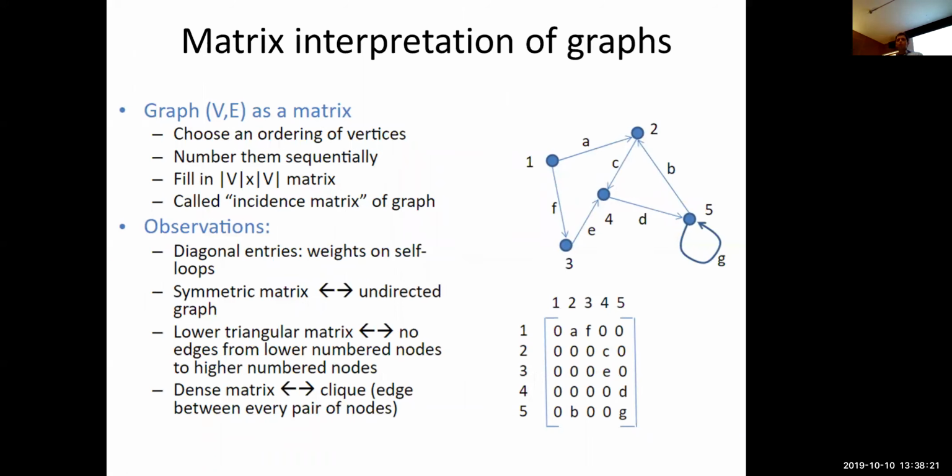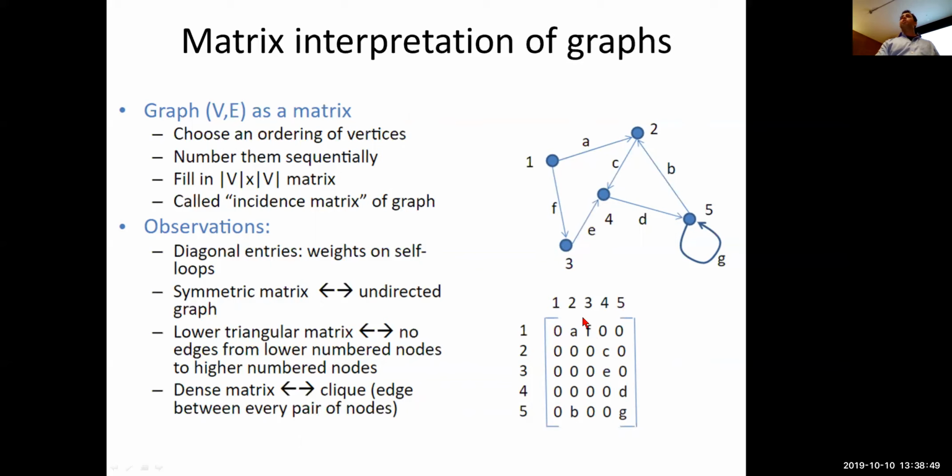So as I mentioned earlier, we have this adjacency matrix view of graphs. I can have any graph here with some number of nodes, and I can represent the directed network that has a connection between 1 and 2, that has weight A, as A here, and then 1, 2, 3 that has weight F there.